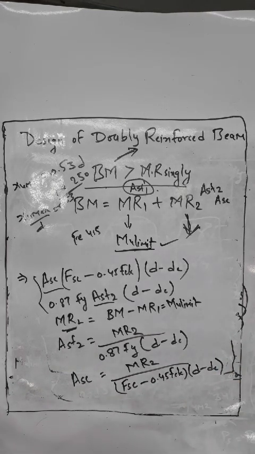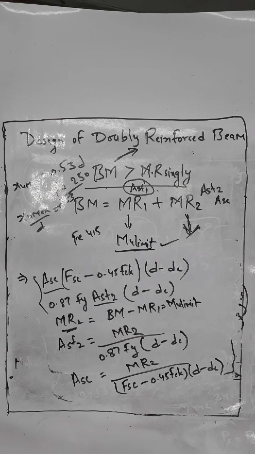So these are the formulas we use for solving the area of steel in case of doubly reinforced beam.